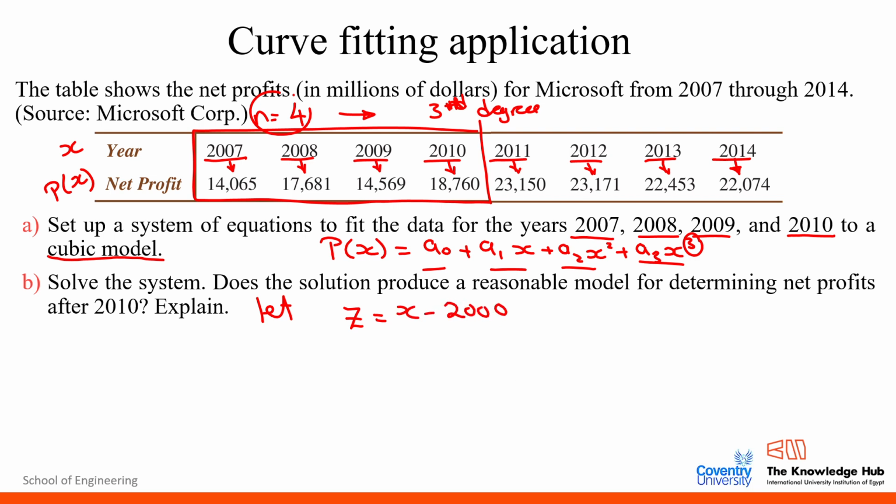So the x values would be translated to the following. z equal the first 2007 minus 2000, which is 7, and then we have 8 and 9 and 10. 7 has a profit of 14,065, and we have here 17,681, and we have here 14,569, and we have here 18,760.